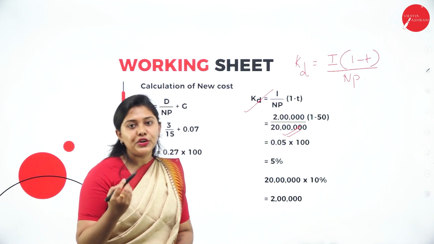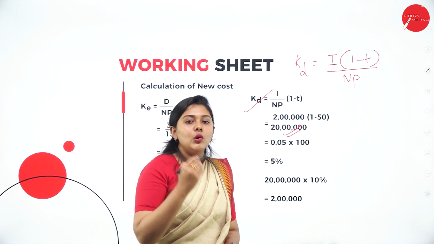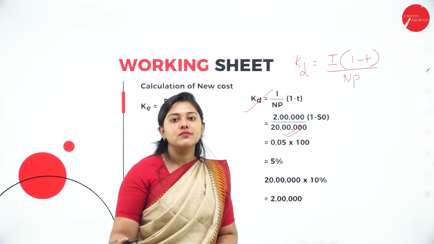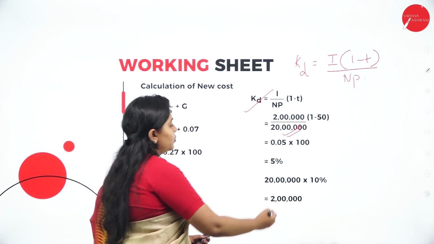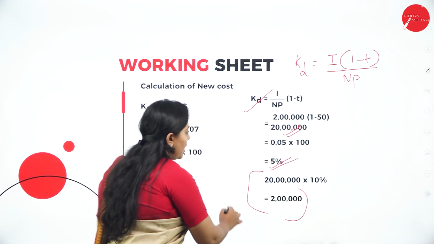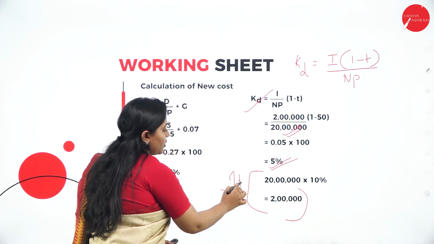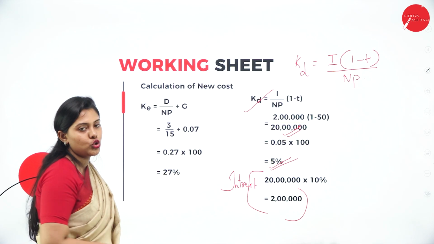So the interest will be 2 lakh divided by net proceeds, which will be how much? 20 lakh. 1 minus 0.50, it will be 0.50. If you substitute the value, you get 5%. So this is the interest calculation. 20 lakh into 10%, it is 2 lakh.